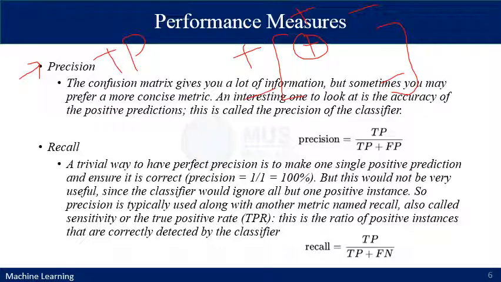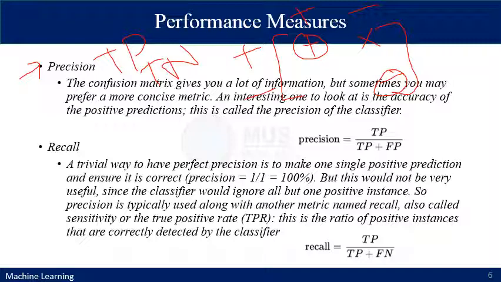On the other hand, the examples predicted as negative that were actually negative are called true negative. So these are the correct predictions. On the other hand, if the actual class is positive and the predicted class is negative, this is the false negative. That means the class was positive but it was falsely classified as negative.